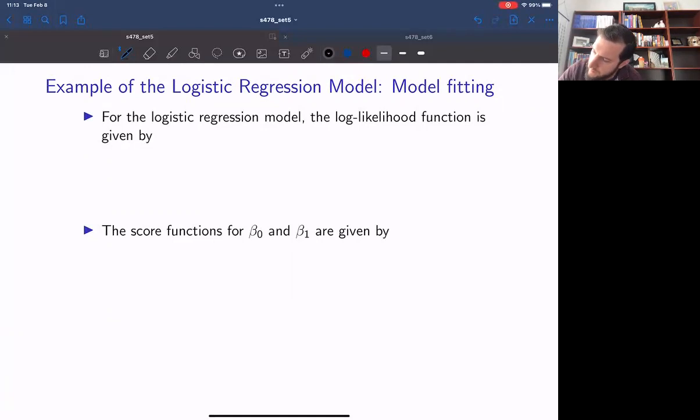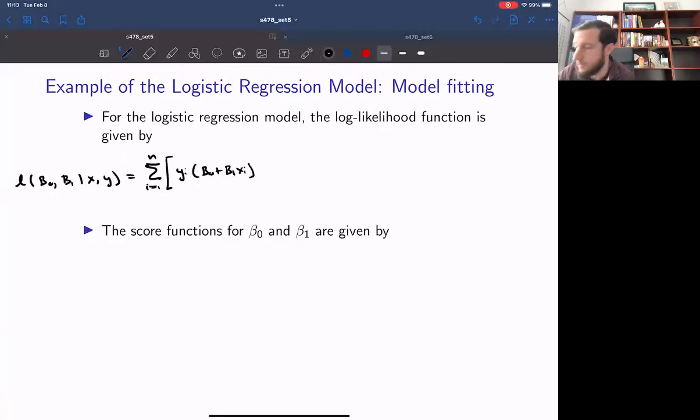So we can write here that L of beta 0, beta 1, given X and Y is equal to the sum from i equals 1 to n of y_i times (beta 0 plus beta 1 x_i) minus n_i log(1 plus exp(beta 0 plus beta 1 x_i)) plus log of n_i choose y_i.